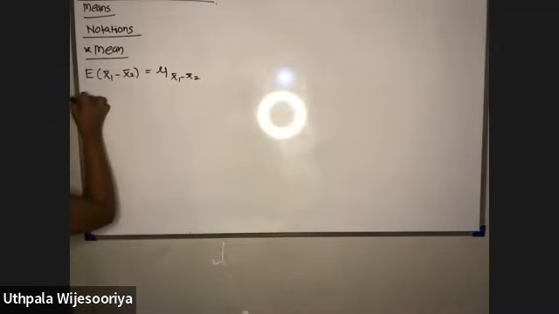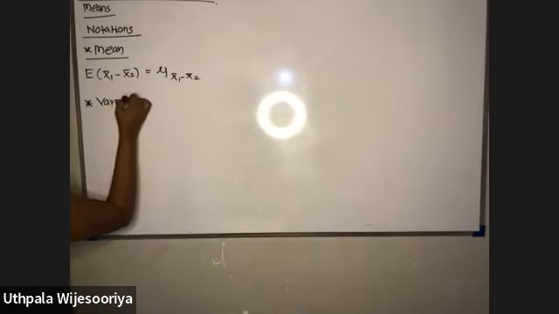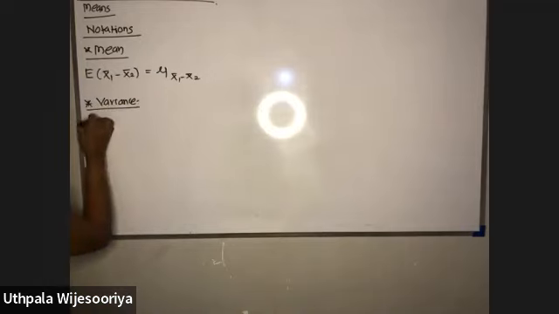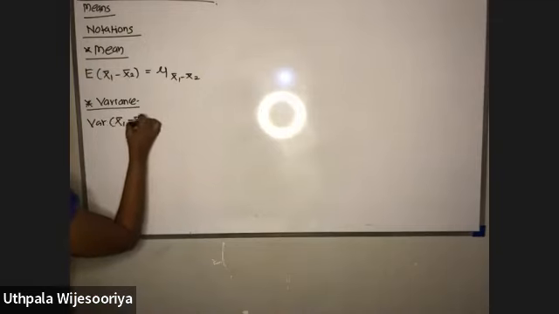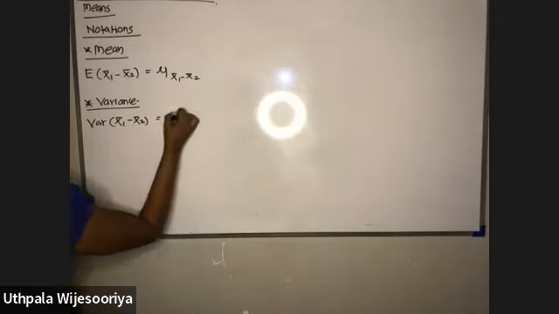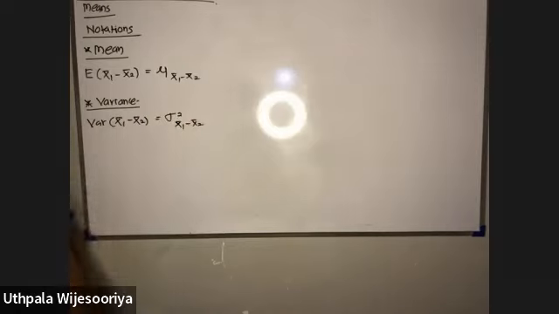The variance, VAR of X bar 1 minus X bar 2, is denoted as sigma square X bar 1 minus X bar 2.